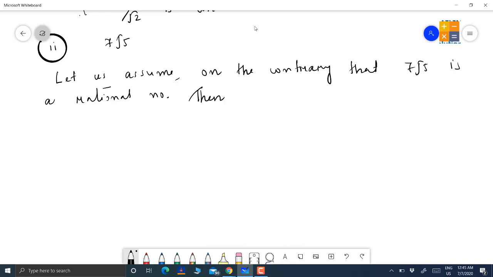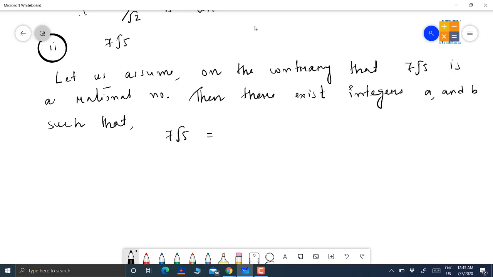Then there exist integers a and b such that, by definition of rational numbers, 7 root 5 is equal to a by b, b not equal to 0, a, b are co-primes. Means these two numbers have common factor only 1 and nothing else.